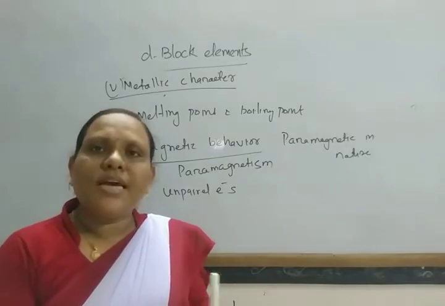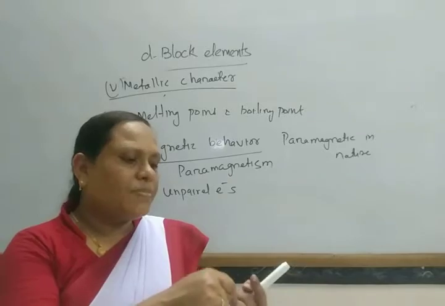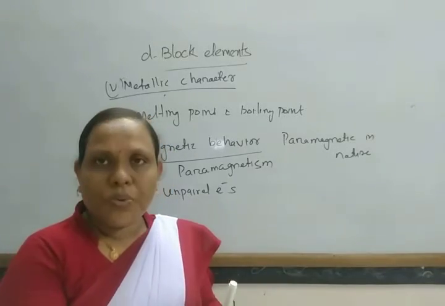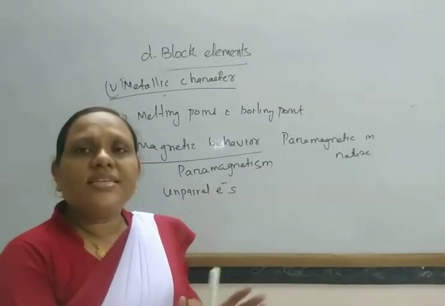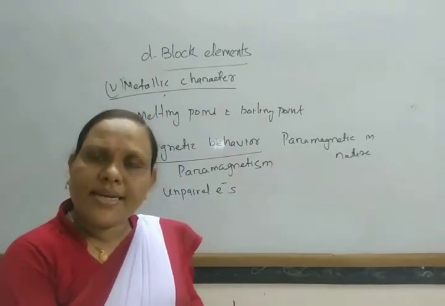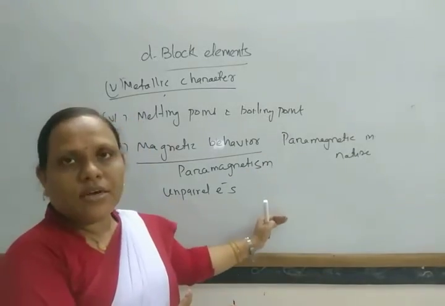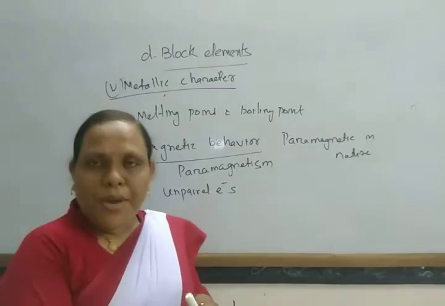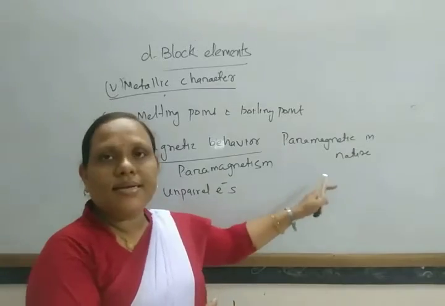But if the electrons are paired, then the magnetic field created by one electron is cancelled by the magnetic field created by another electron of opposite spin. In this way, if the electrons are paired, the elements are generally diamagnetic, like zinc, cadmium, and mercury. All other elements generally have a greater number of unpaired electrons, hence they are paramagnetic in nature.